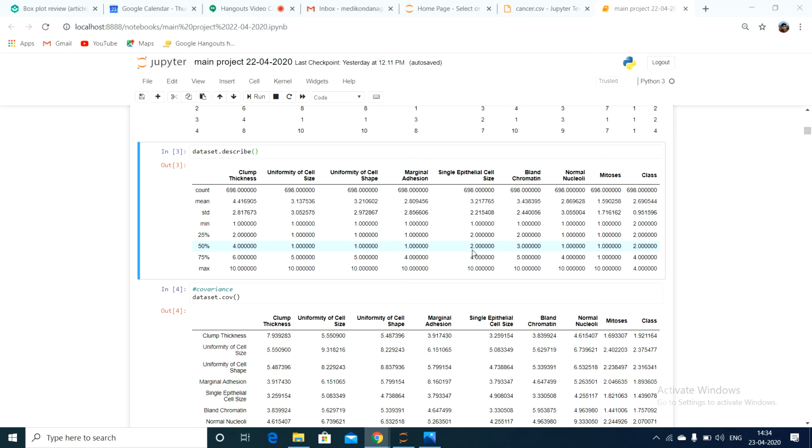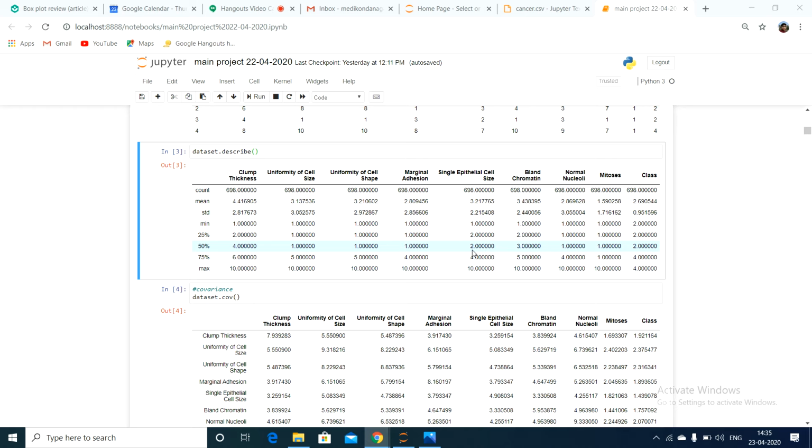Other descriptive analysis you can perform is assessing the relationship between a pair of data. So by looking at the data set, if you find min, max, count, this is known as standard descriptive statistics.